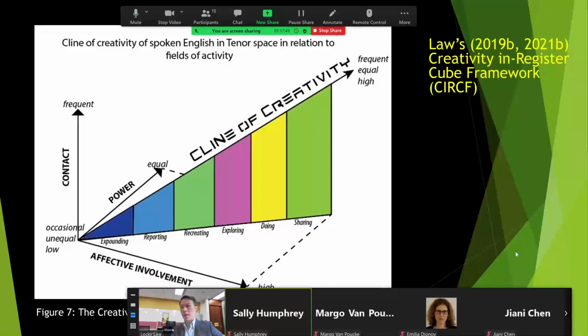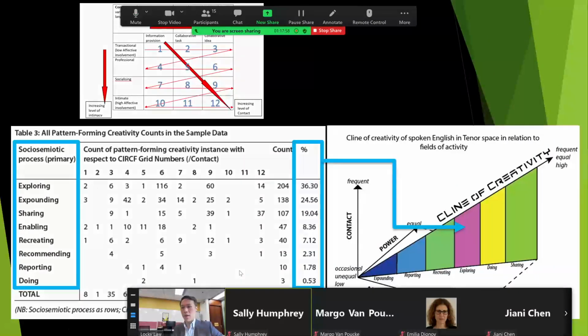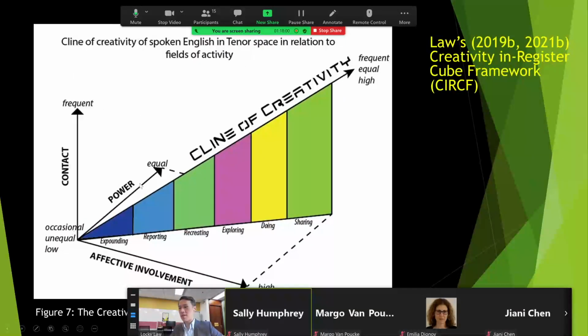If you look at this bigger graph, affective involvement becomes the x-axis, power becomes the y-axis, and contact becomes the z-axis. When we plot these data on this three-dimensional graph, we can see how power, contact, and affective involvement are related to the concept of creativity.